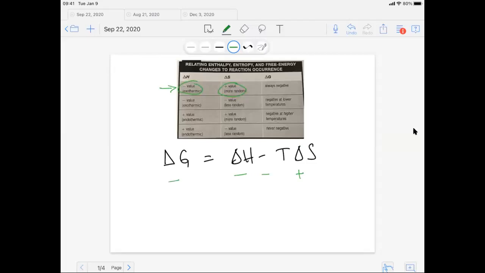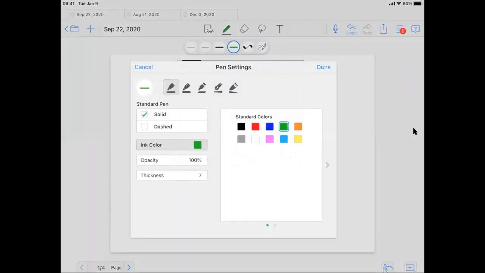And remembering that temperature is always going to be measured in Kelvin, there's no way that you're going to have a negative temperature. So you look at it basically in two halves. Let's do orange.